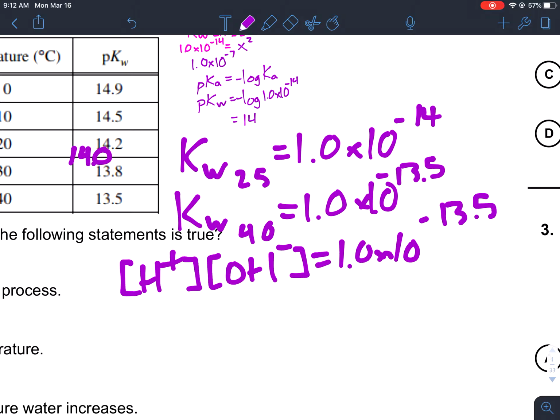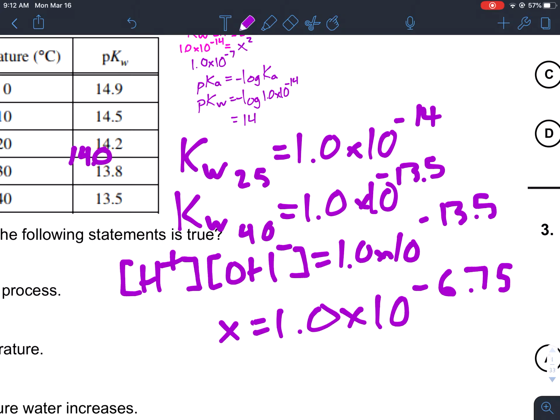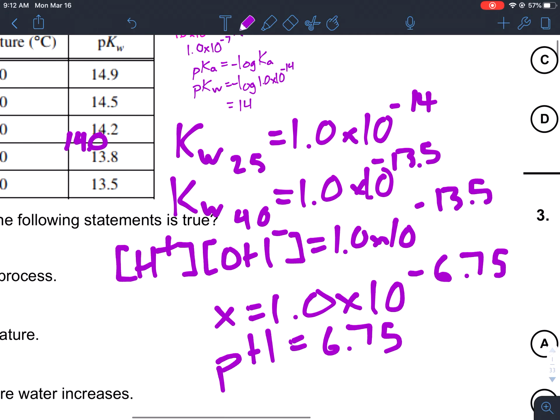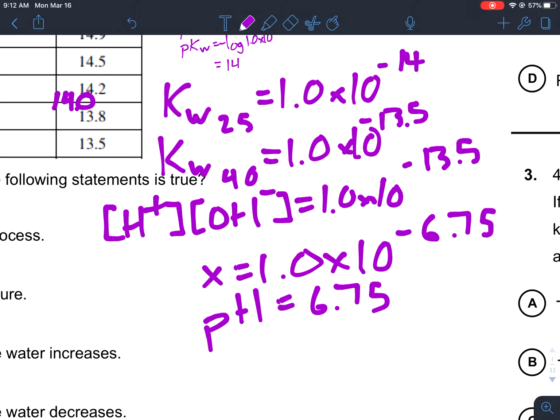Now, what that means is x at that temperature is 1.0 times 10, remember you have to square root it, to the negative 6.75. So what's the pH here? The pH here, if you took the negative log of that, would equal 6.75, right? And you're saying, oh, it's becoming acidic. No, it's not becoming acidic, because what's the pOH? The pOH is also 6.75.